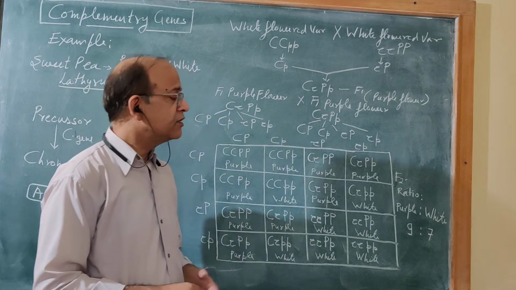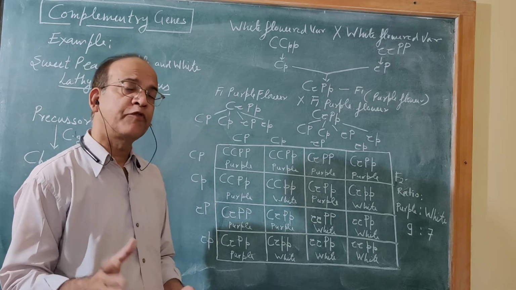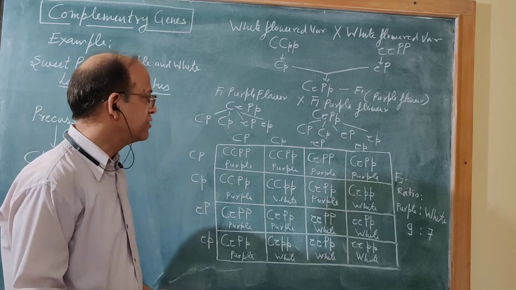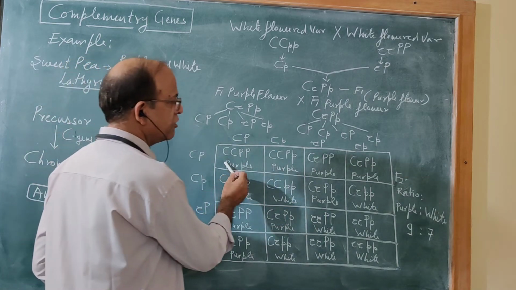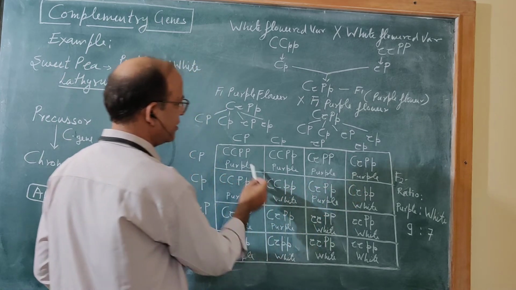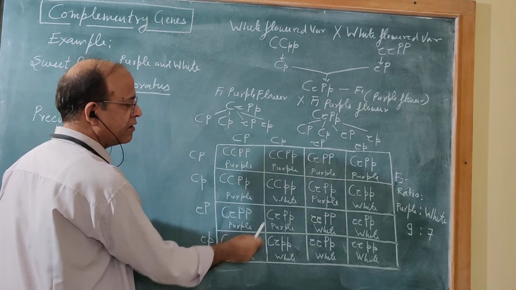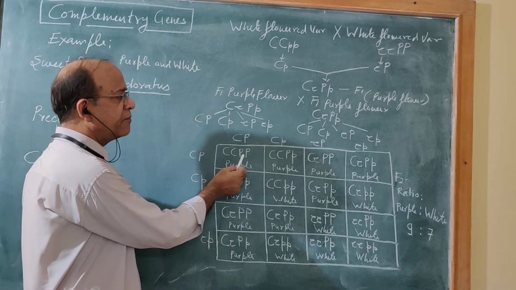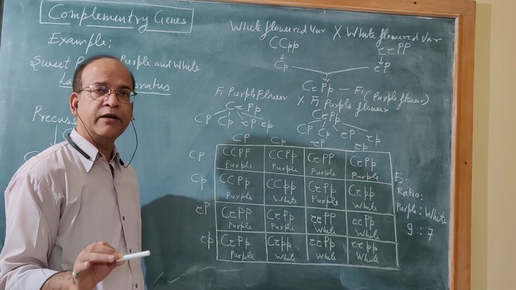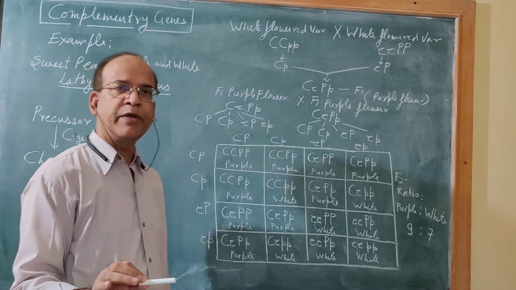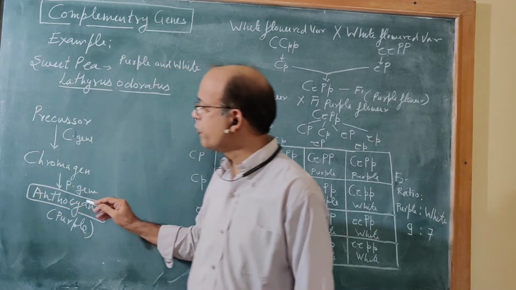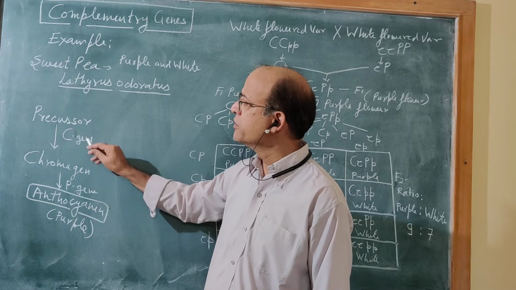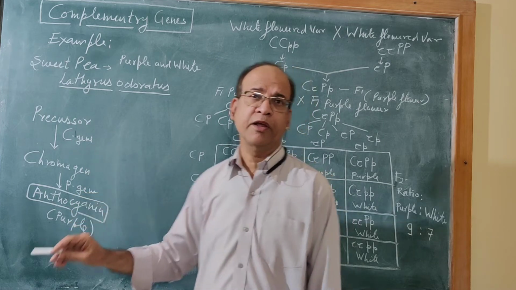The same inheritance is there, but the phenotypes are changed. See, this line is purple, purple and purple. Wherever C and P both are dominant, it will be purple, because for the formation of anthocyanin pigment, C and P both are required.